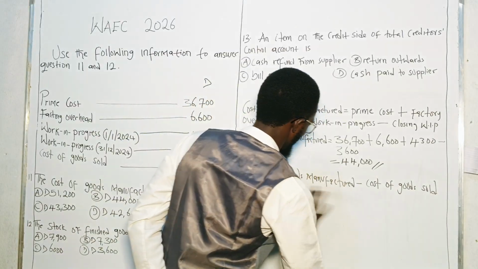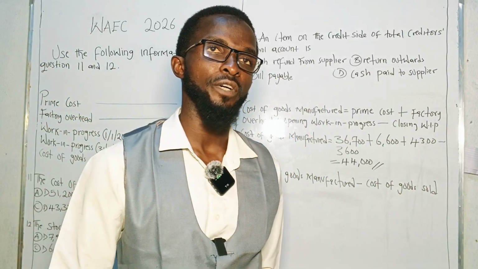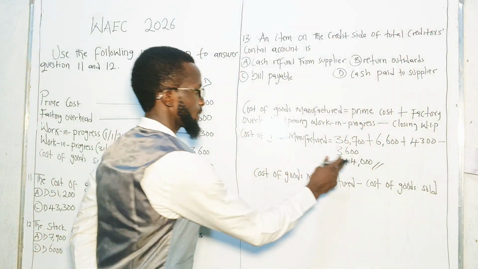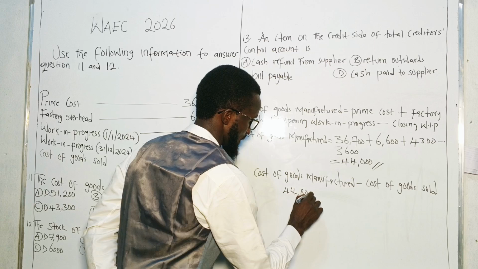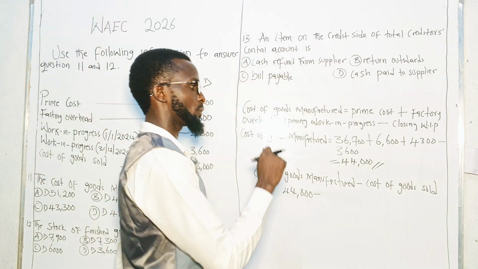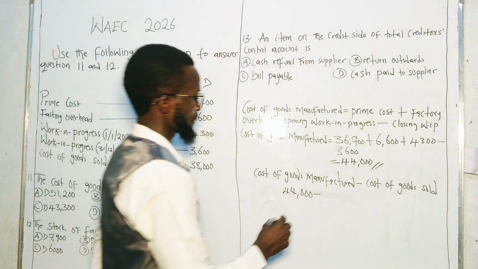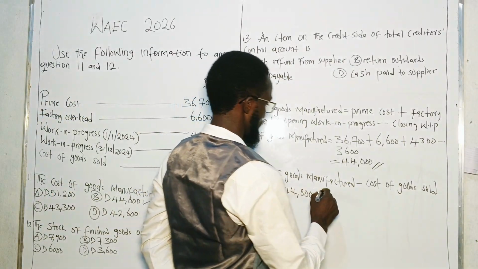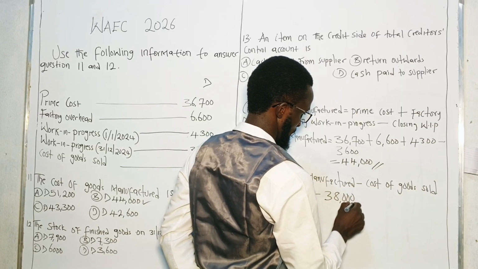Now, remember, we have already determined our cost of goods manufactured. That is $44,000. Minus cost of goods sold, $38,000.